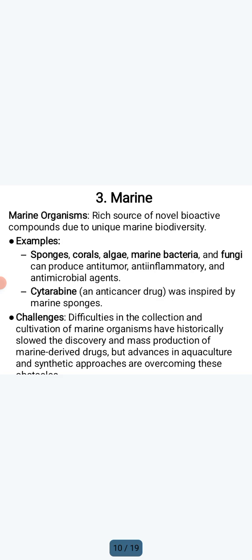These algae and fungi of marine sources can produce anti-tumor, anti-inflammatory and antimicrobial agents. For example, cytarabine drugs are used for anti-cancer properties. It is derived from a marine sponge.